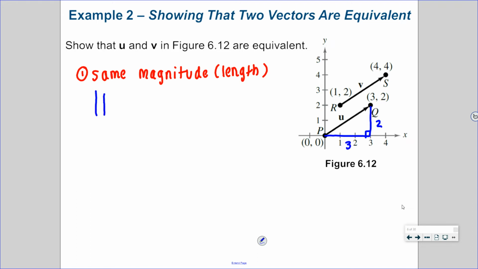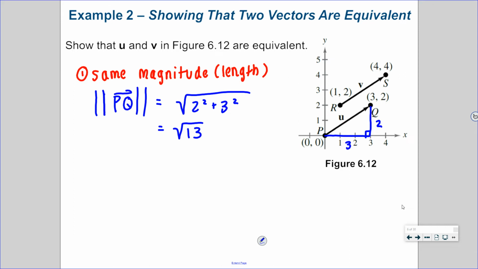The magnitude of the directed line segment PQ is the square root of (2 squared plus 3 squared), 13, so that'd be the square root of 13. You get to that same spot if you do distance formula. Okay, there's the magnitude of PQ. And I'm okay with you guys just leaving it in numerical form.